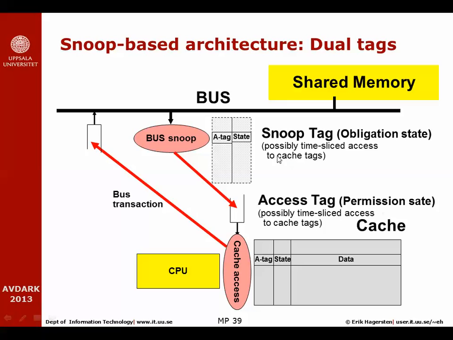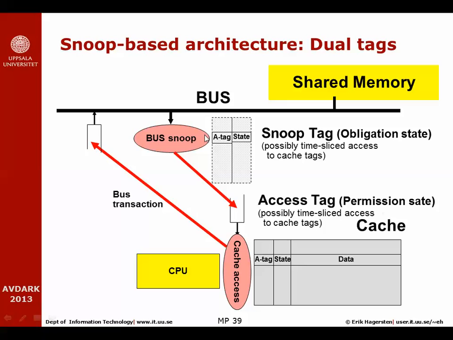We also have replicated the state for each cache line, stored in this state cache down here. Here we also need an address tag, and we also need the same number of state bits. This is information that the bus snoop will look into when it snoops on bus transactions.